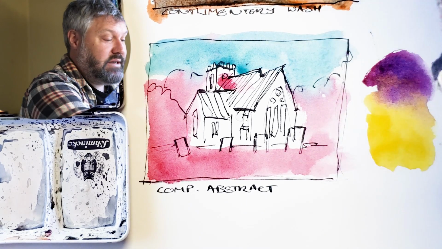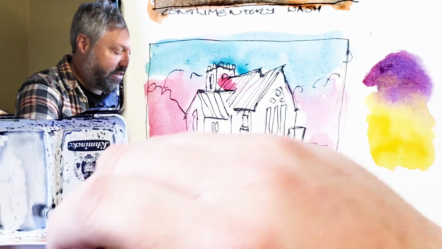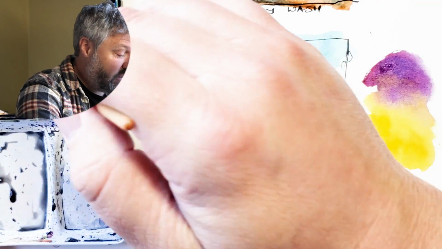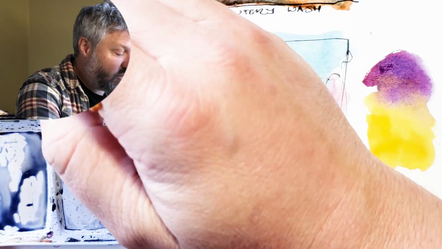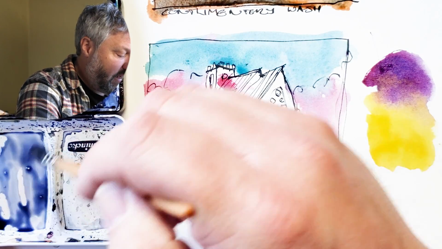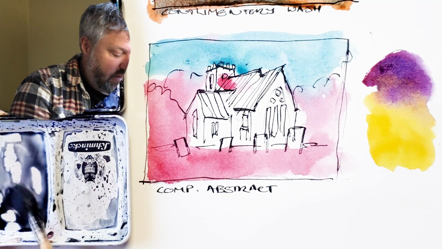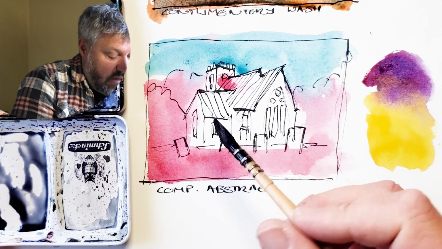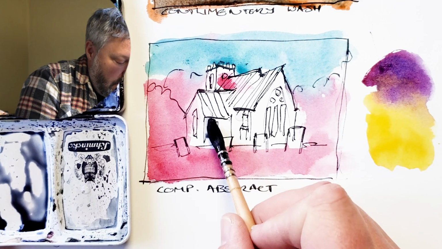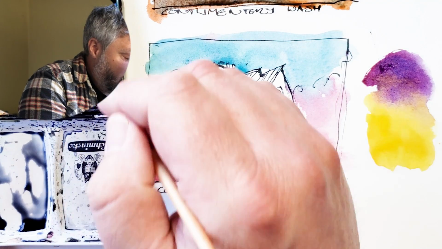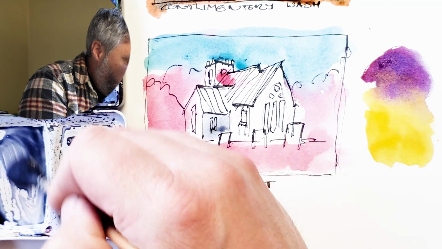So you could leave those areas as white rather than painted. But what I occasionally like to do for this is mix up a little bit of grey, which I make with Van Dyke Brown and French Ultramarine, a nice one because that granulates ever so slightly. Okay, so I'll get that sort of texture, and then I'll go in and add some shadows to the church, but leaving those colours quite abstract.